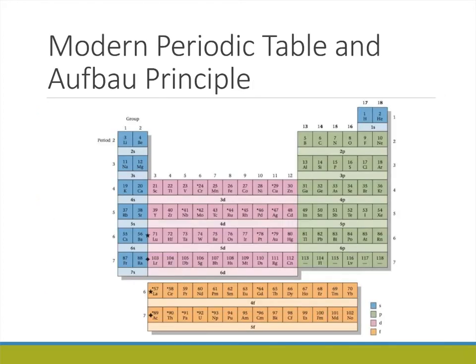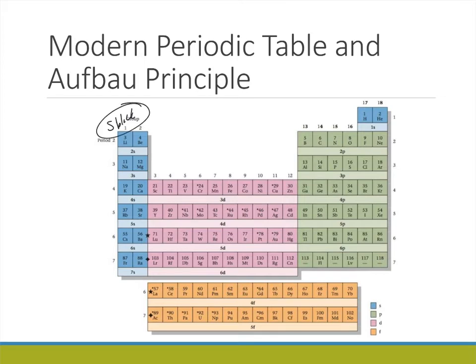So there is, as I said, a relationship between the modern periodic table and the electronic structure. It turns out that we can break the periodic table into blocks based upon where the electrons are inhabiting. So we have these blue blocks. The blue blocks are what we call the S block.